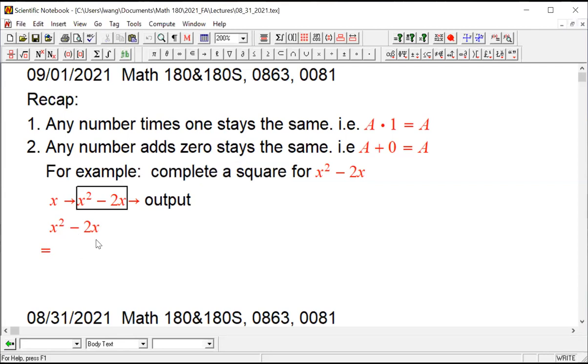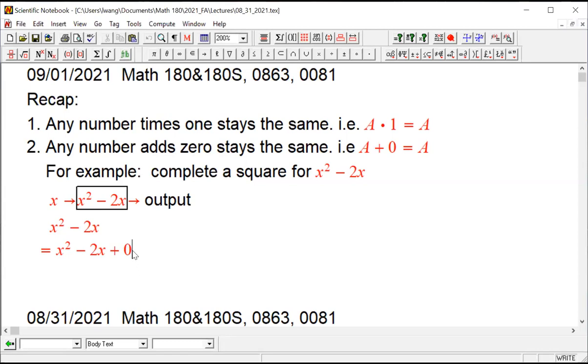So what we do here is that we want to maintain the equal sign. You see, the equal sign is not just a simple symbol. It is a phrase. It is part of a sentence, of a statement. So we're basically saying this rule is going to be the same as this rule plus 0. So we're applying principle number 2.